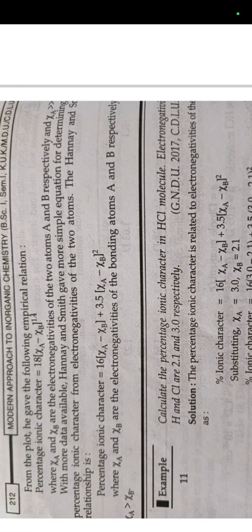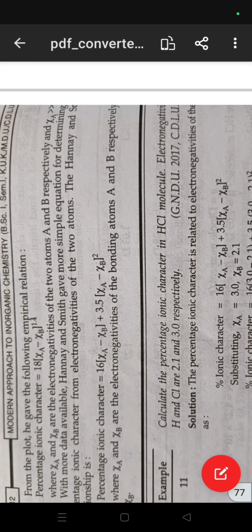With more data available, Hannay and Smith gave a simpler equation for determining the percentage ionic character from the electronegativity of the two atoms. The Hannay and Smith relationship: percentage ionic character is 16 times (Xa minus Xb) plus 3.5 times (Xa minus Xb) squared, where Xa and Xb are the electronegativities of the bonded atoms A and B respectively. Xa is greater than Xb here.